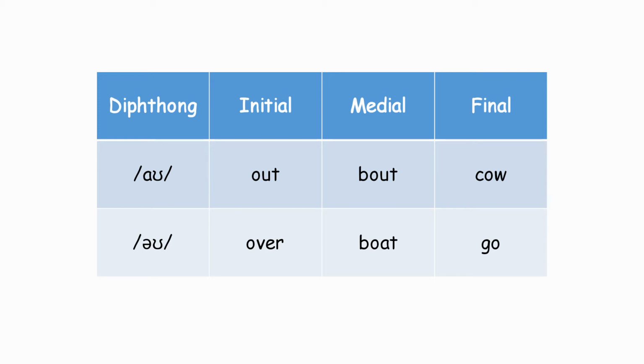Now, this diphthong also happens finally in words such as C-O-W. People used to say this one differently, but it is cow. Say after me, C-O-W, cow. Once again, cow. So please note down some more word-final words.